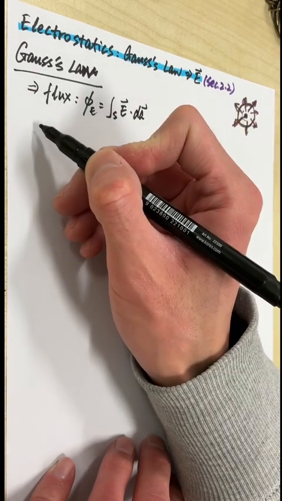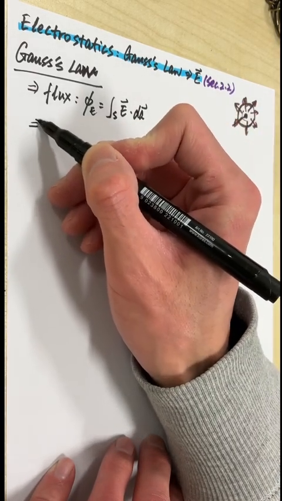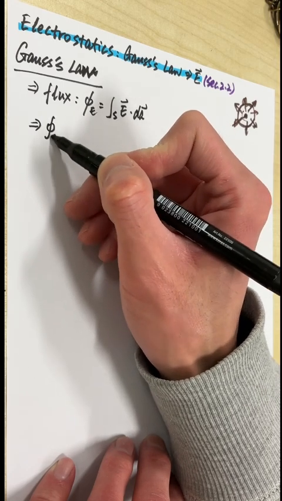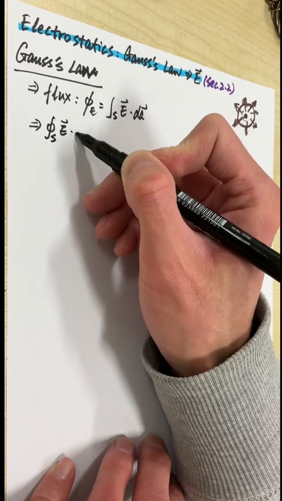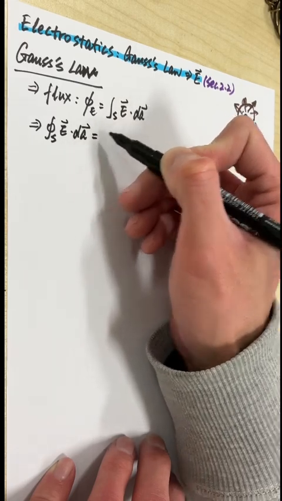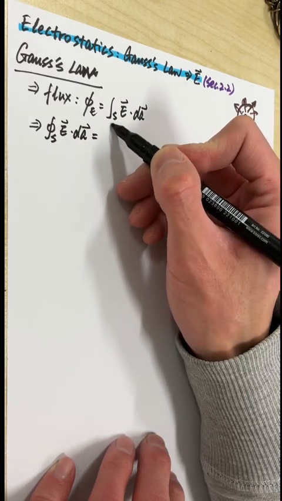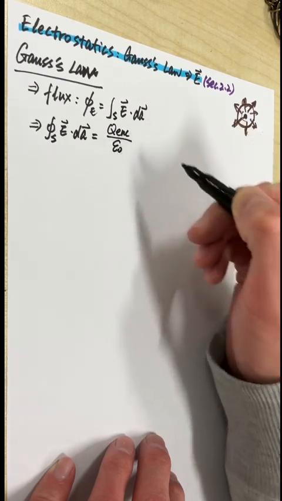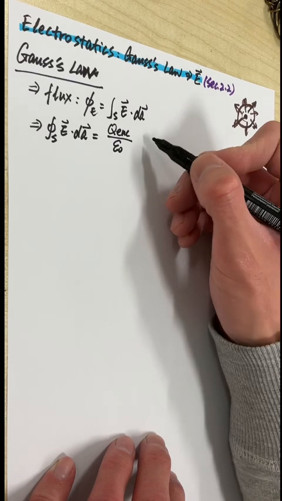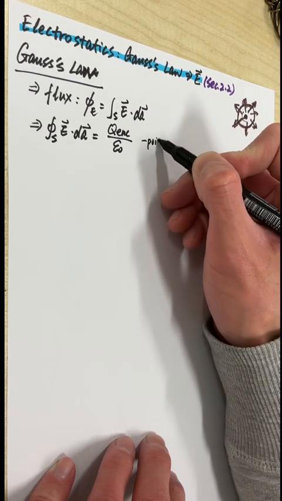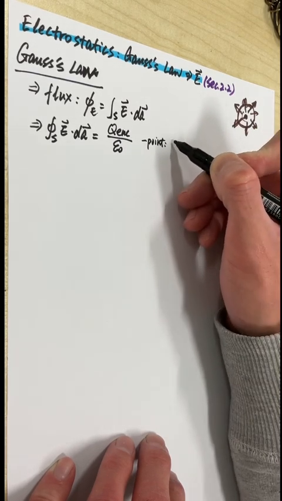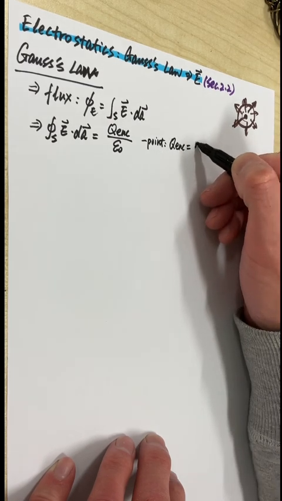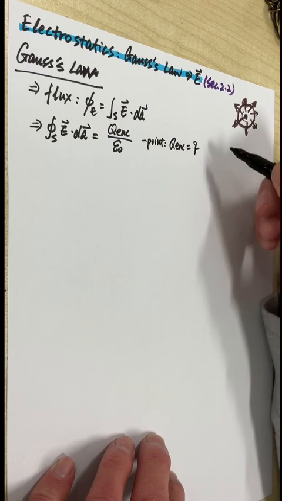And then Gauss's law tells us that the total amount of the flux of a closed surface is determined by the total charge enclosed divided by epsilon 0. So obviously, if it's a point charge, the total charge enclosed is just equal to the single source charge.